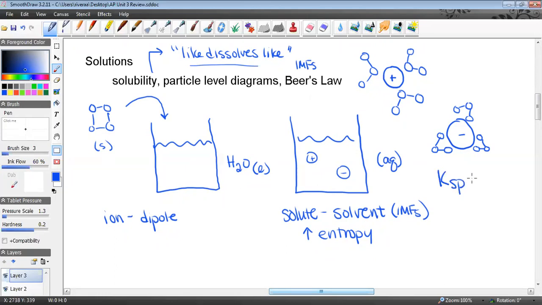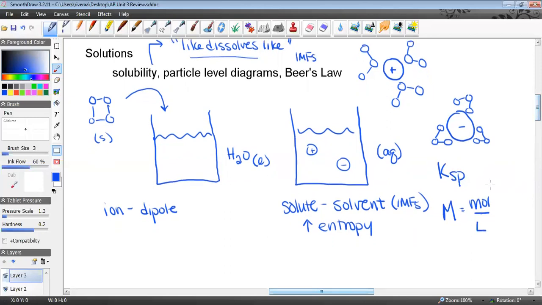If we have big Ksps, it means something is really soluble, and if we have small Ksps, it means they are not very soluble. The other way we can quantify concentrations is with molarity, which is a measure of moles of solute dissolved per liter of solution. So Ksp talks about the degree of solubility, and molarity measures how much stuff is actually dissolved in a particular solution.